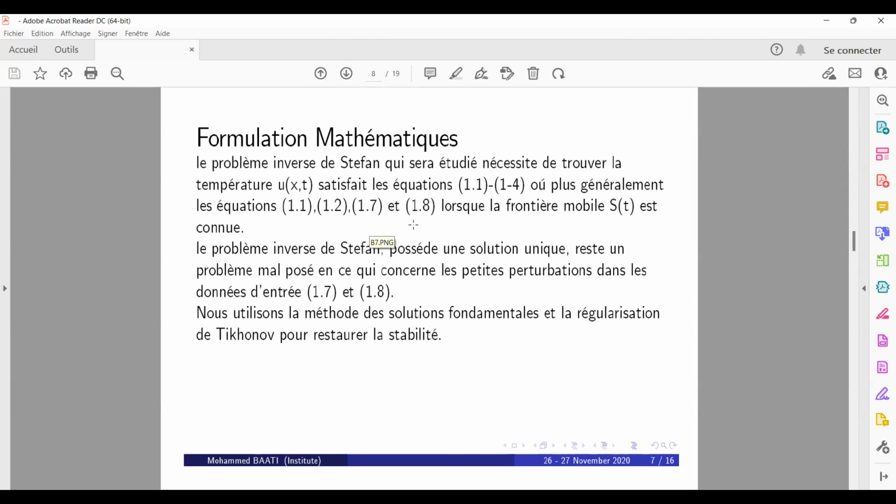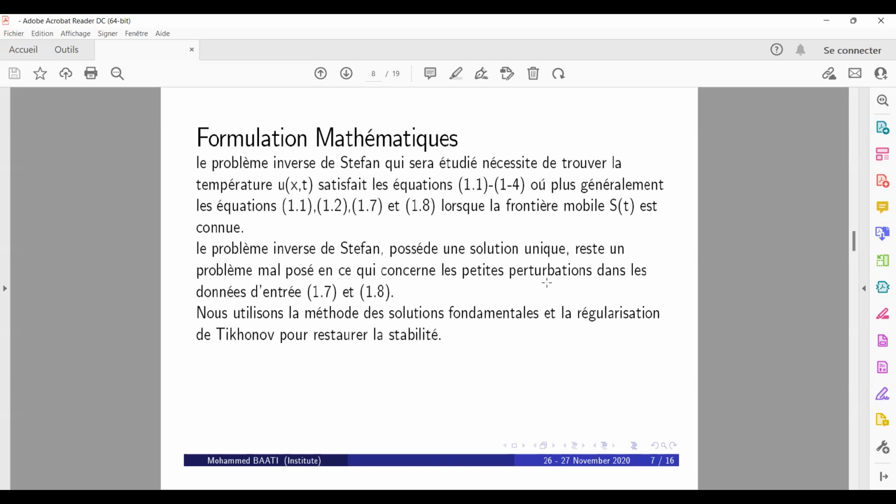Donc, le problème de Stéphane, d'après la littérature, possède une solution unique, mais reste un problème mal posé, car il ne vérifie pas les conditions de Hadamard.